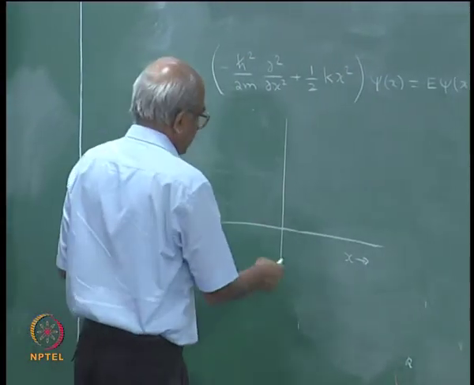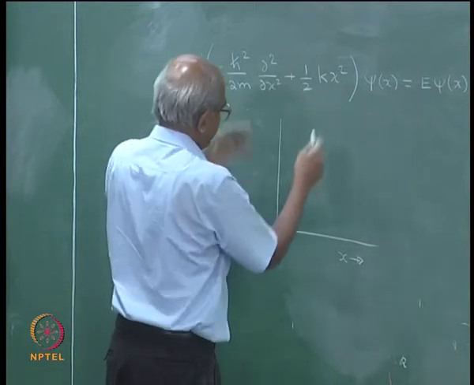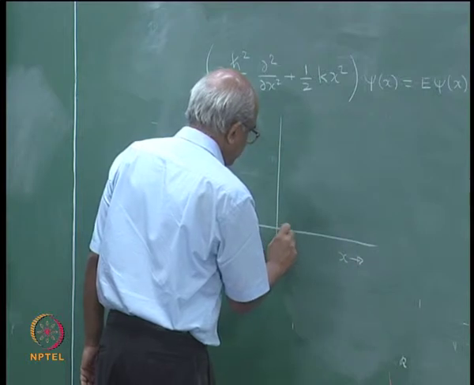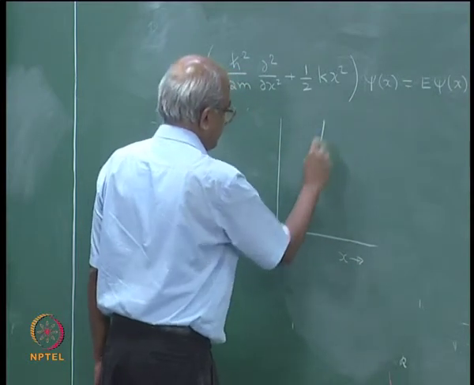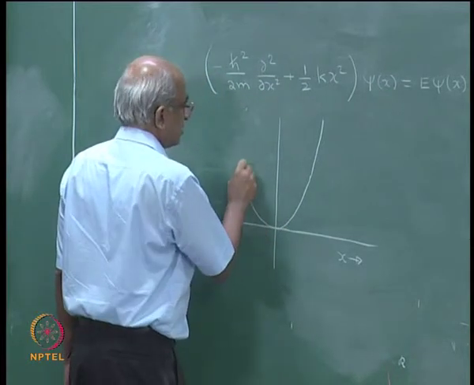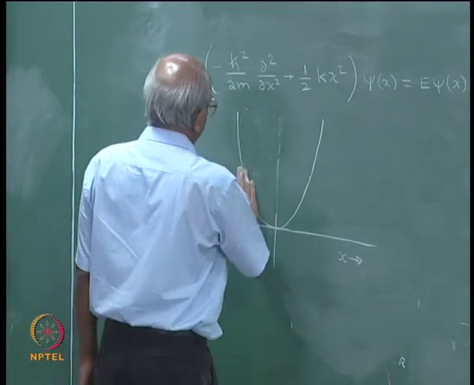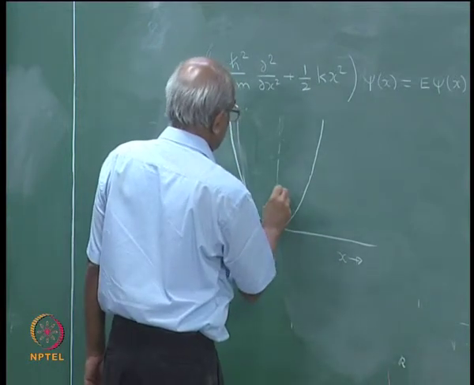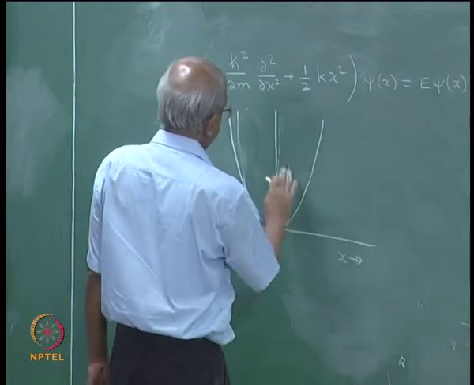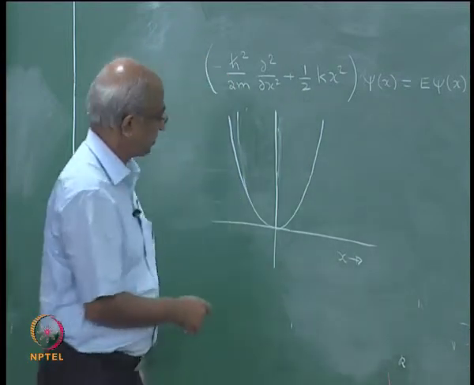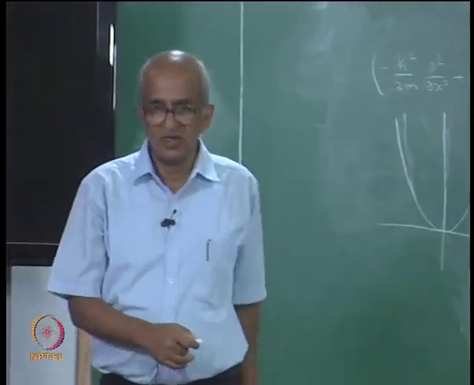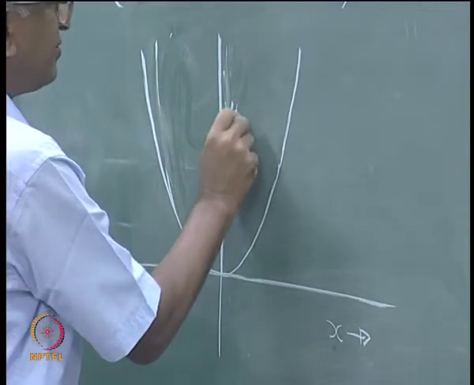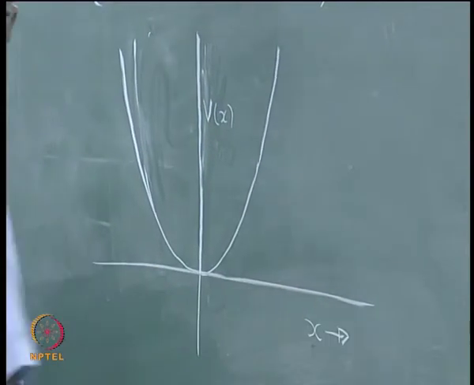The potential energy is just assumed to be half k x square, so it is natural that the plot of potential energy against x will resemble a parabola looking like that. That is probably the best parabola that I can draw. So, it has this appearance. This is V of x plotted as a function of x.